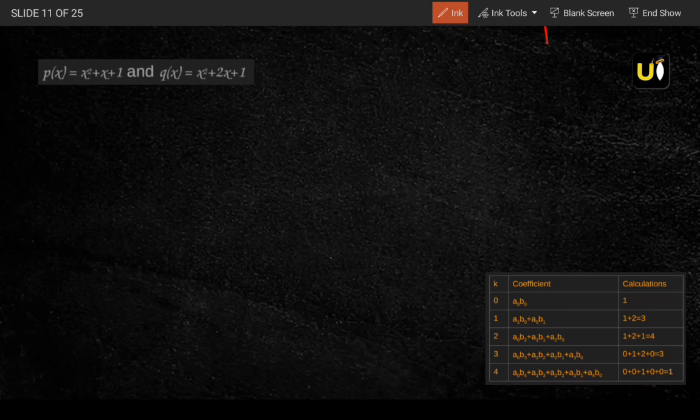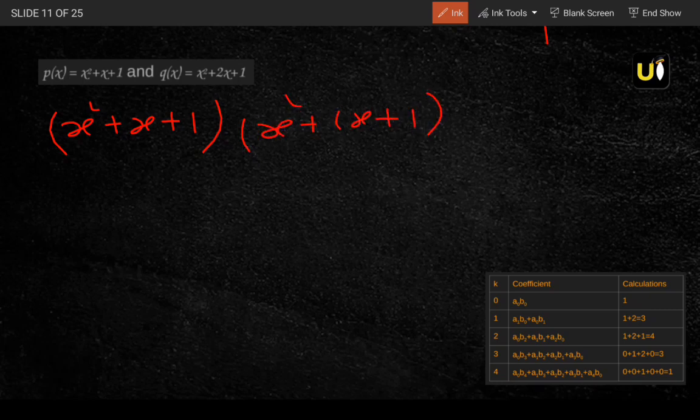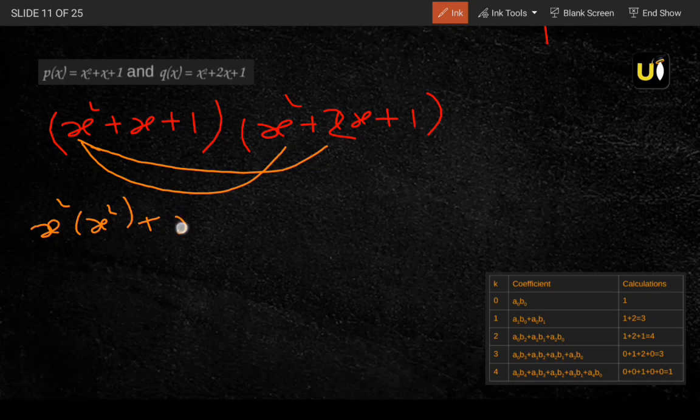Okay, now let's see this example. P of x and q of x: x square plus x plus 1 into x square plus 2x plus 1. How do we multiply? First, x square with x square into x square plus x square into 2x plus x square into 1.